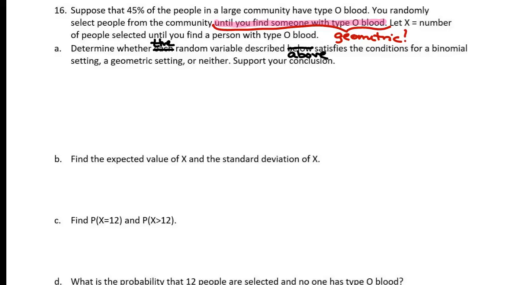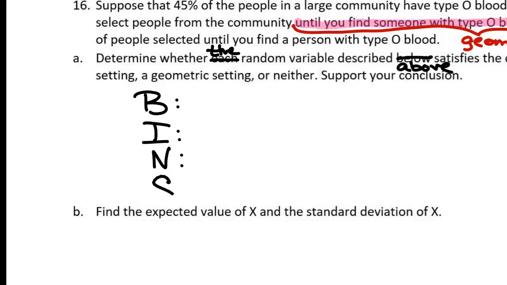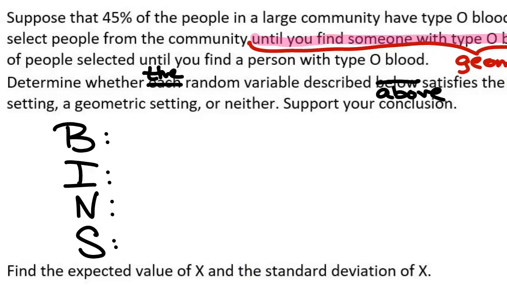So what do I need to check to see what type of random variable it is? Bins, yes. All right, so what does the B mean?